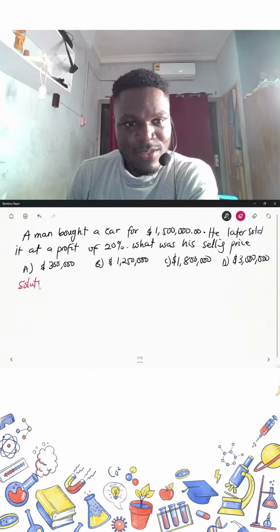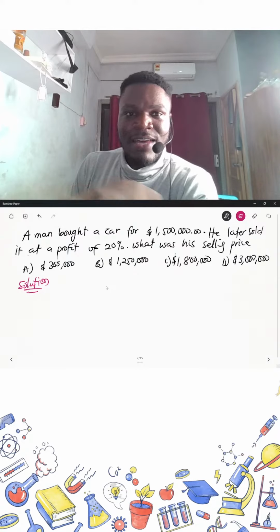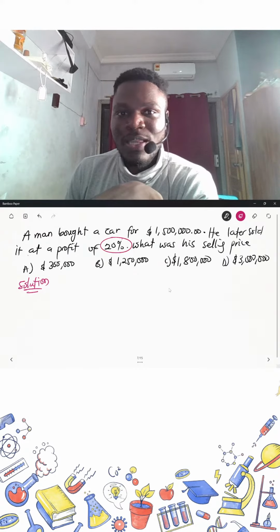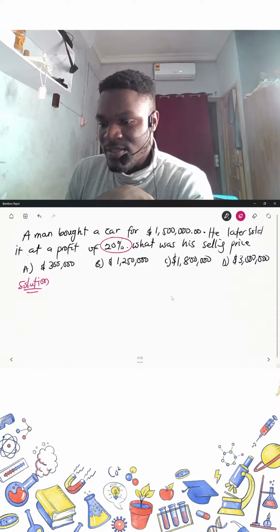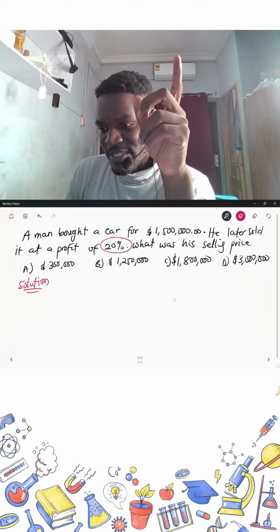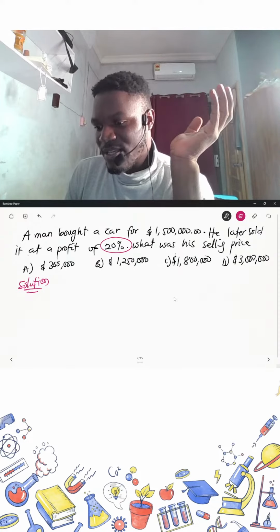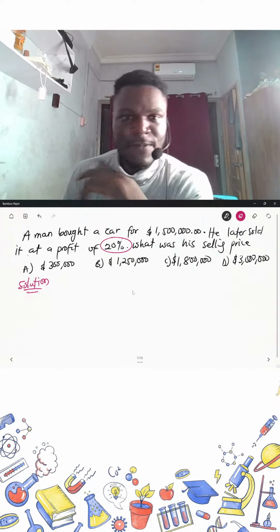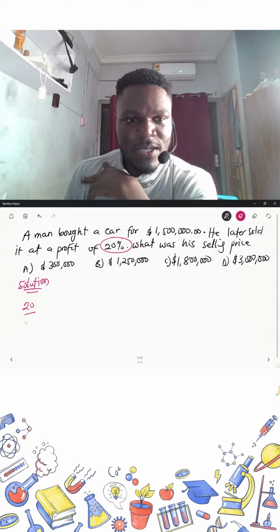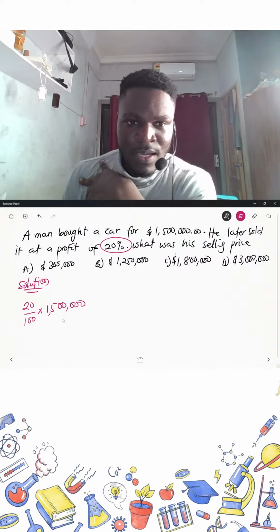So we have here the solution. The fact that he made 20% profit means that we need to find 20% of the cost price, and then add it to the cost price, and that will give us the selling price. So we have 20 over 100 multiplied by 1.5 million.